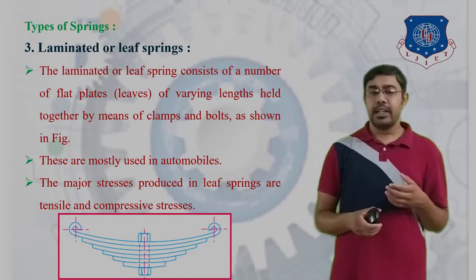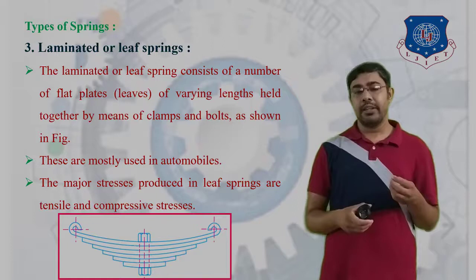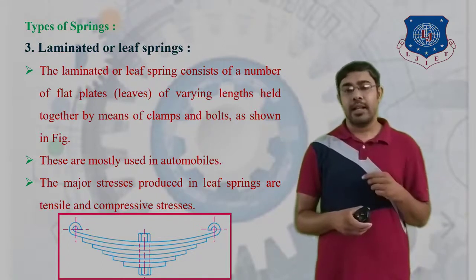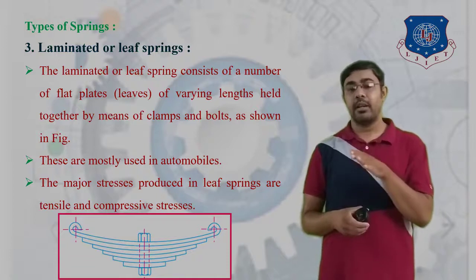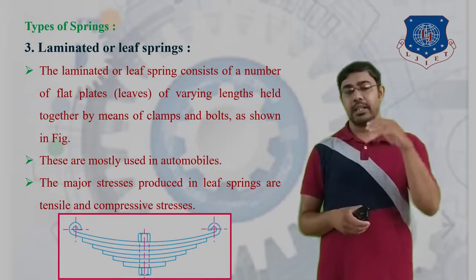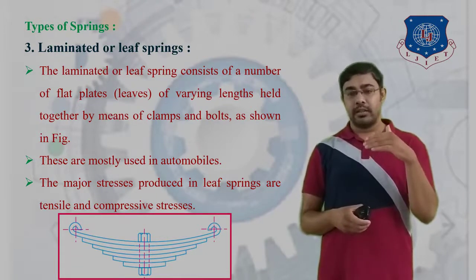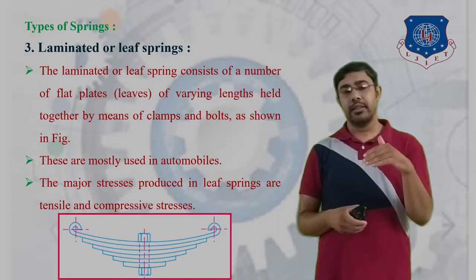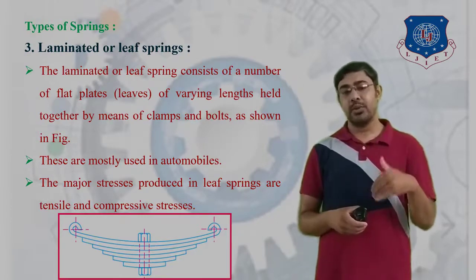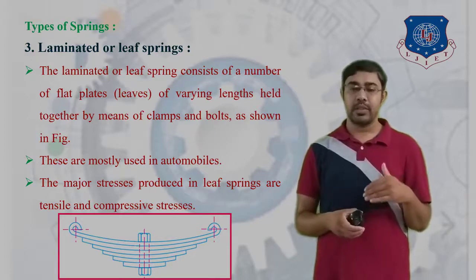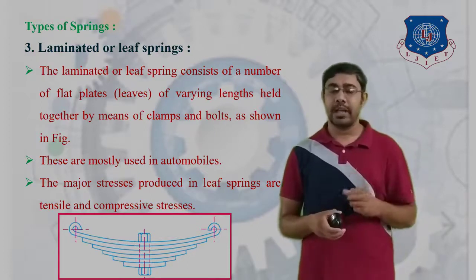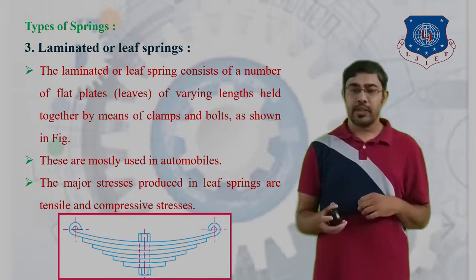You can see here the laminated leaf spring. There is one master leaf, one master plate, shown, and then there are extra full length plates, and then graduated length leaves clamped together by means of a bolt.